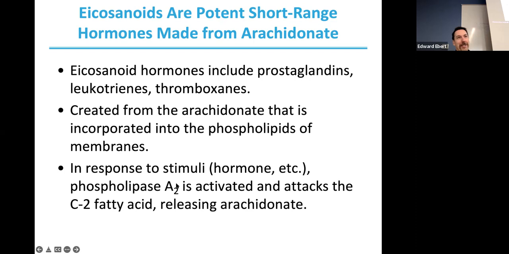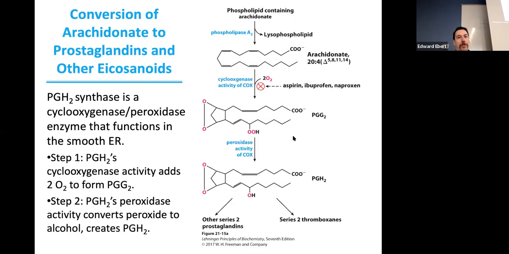Usually not A3, because that's usually a saturated fatty acid, and we're more interested in this, so we're going to call it A2. More likely, we're going to see phospholipase B, C, D, or something like that has a similar action. The 2 is just telling us where it acts. So we're attacking our carbon 2, releasing this unsaturated arachidonic acid for use later on.